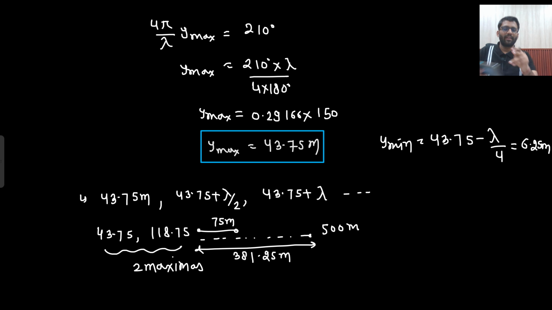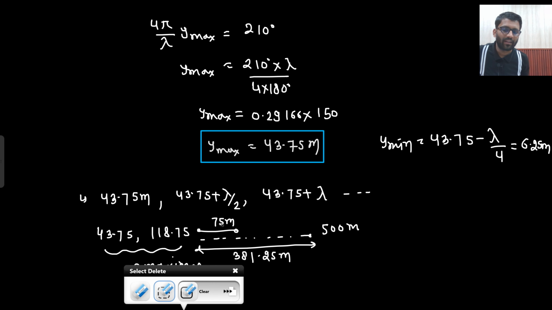So I can divide 381.25 by 75 to find the number of additional maximas I will get. So more maximas I will get here.